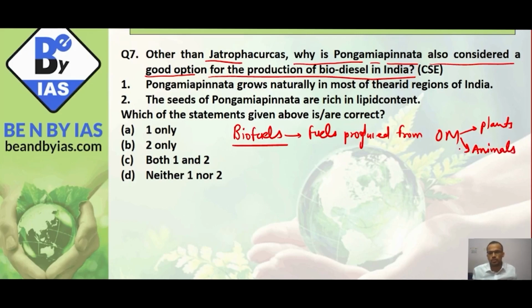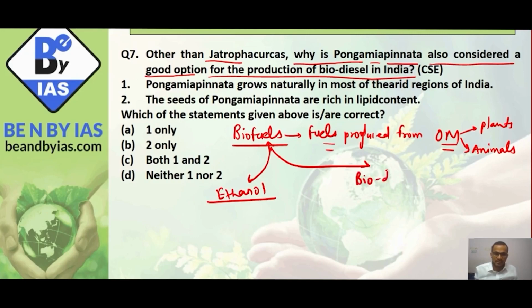So whenever we use organic matter in the production of fuels, those fuels are referred to as biofuels. And primarily there are two categories of biofuels. First is ethanol. And second is biodiesel.